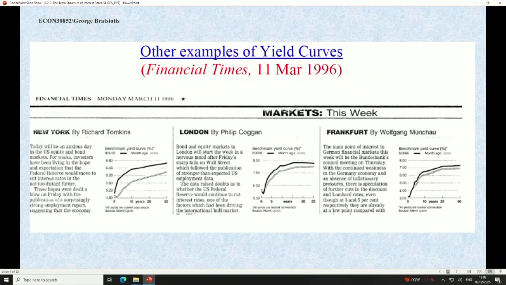Okay. And then I have here what are called benchmark yield curves, because they're looking at the 10-year bonds, which is the benchmark bond, right? The 10-year. So you can see that they're slightly different for London, New York, and Frankfurt. Looking at this, the first thing you observe is, okay, well, in the US, it shifts up completely, and quite a lot.